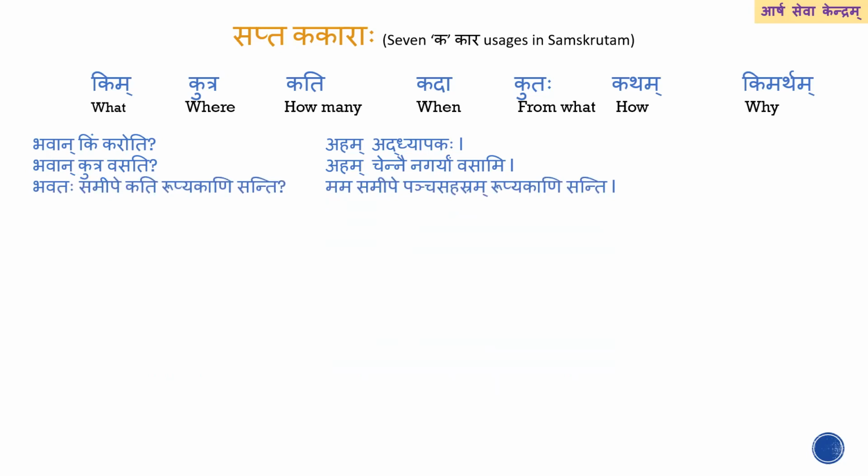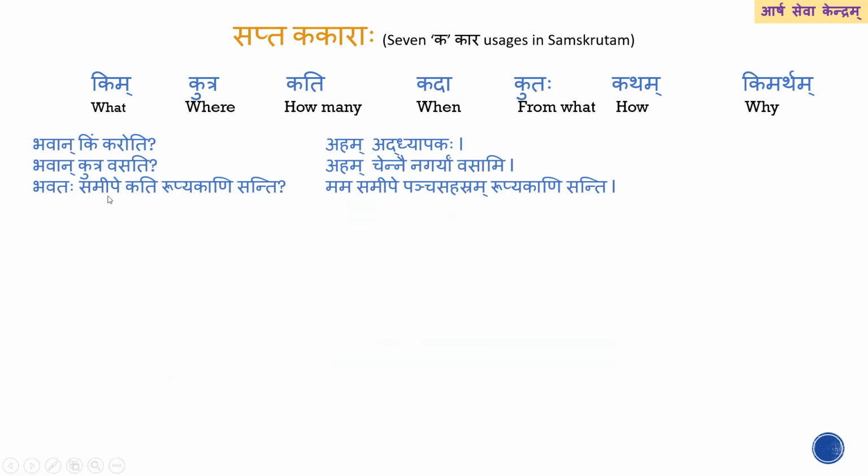Third one. Now we will come to kati. Bhavataha samipe kati rupyakani santi. Don't worry about samipe and all. This is how it is used. In your hand or with you. Bhavataha, you are familiar. Samipe, just take it. That's how it is used. With you, how many are there? Okay, aapke haath mein, like that.